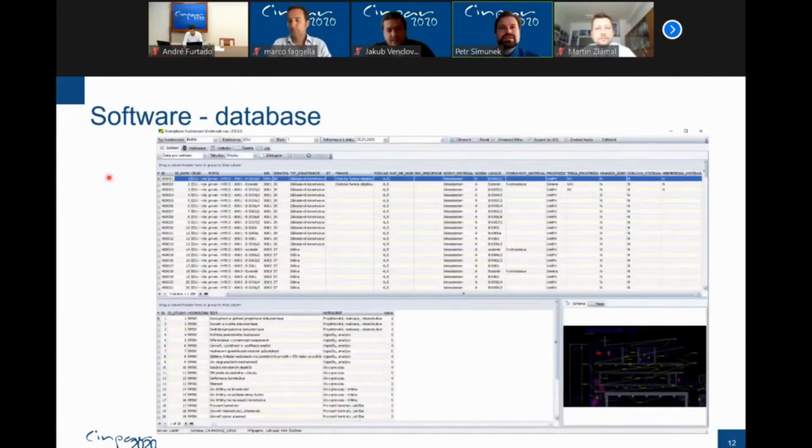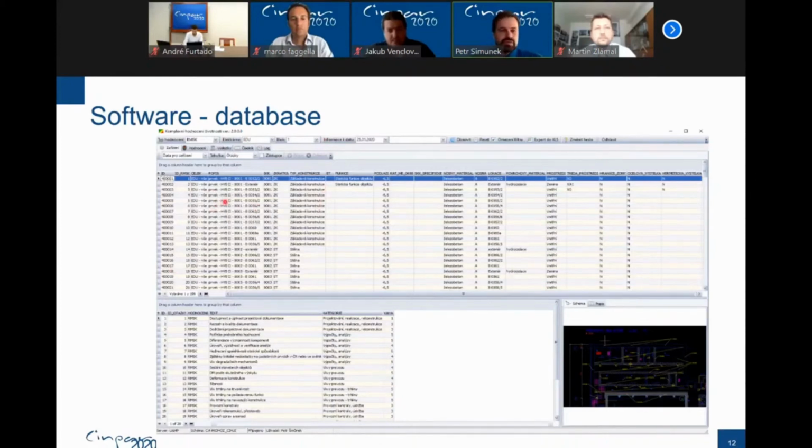And for this whole proposal evaluation, a design procedure was done to get a software database where all the information is inside.